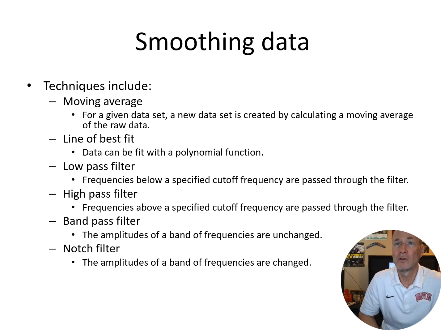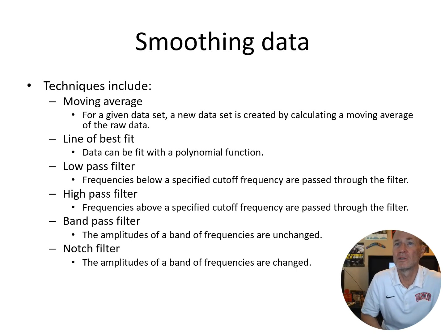The low pass, the high pass, the band pass, and the notch filter are all done within the frequency domain. A low-pass filter is where frequencies below a specified cutoff frequency are passed through the filter, so I want those frequencies to be retained for analysis. We get rid of signal above the cutoff frequency.